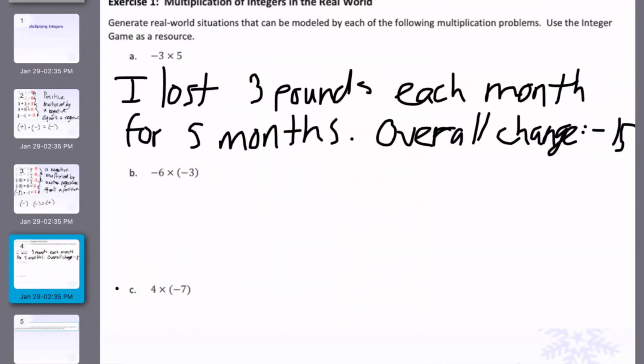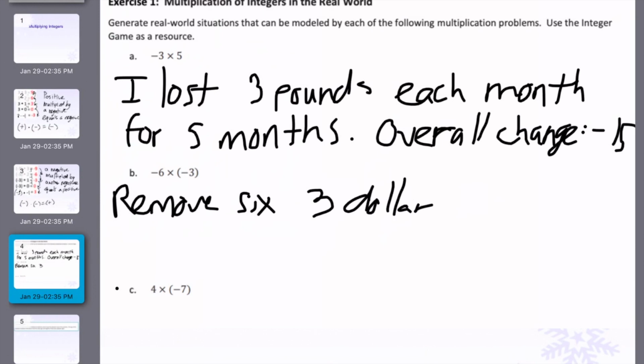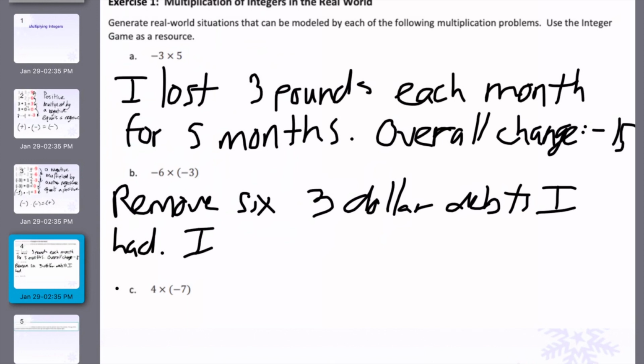So I can think about this as if I were to remove 6 $3 debts, debts that I had. So really, what happened was I paid $18, okay? Because a negative times a negative gives me a positive.